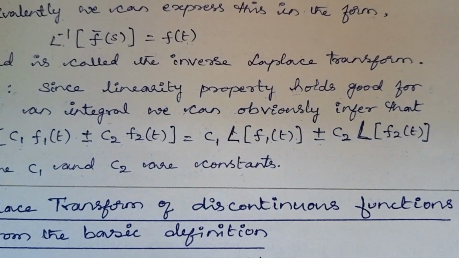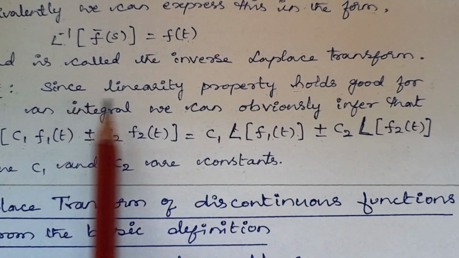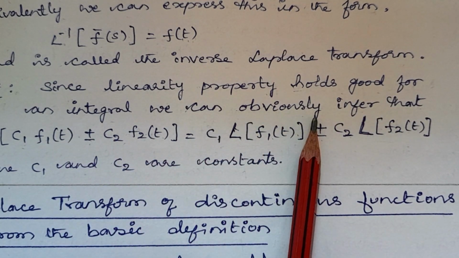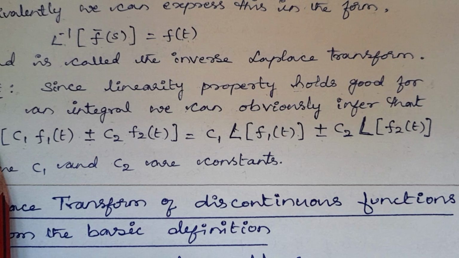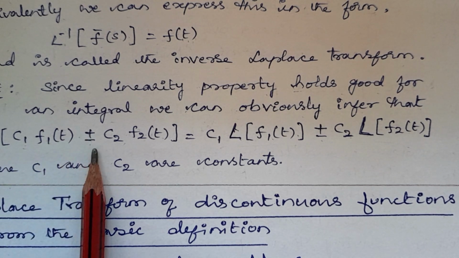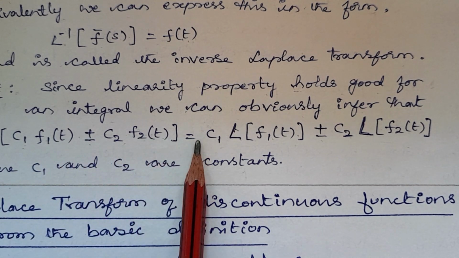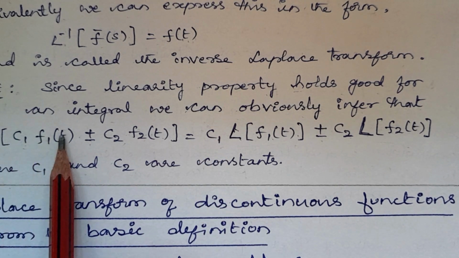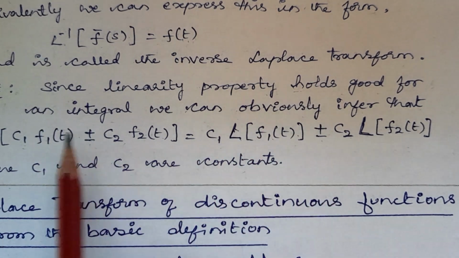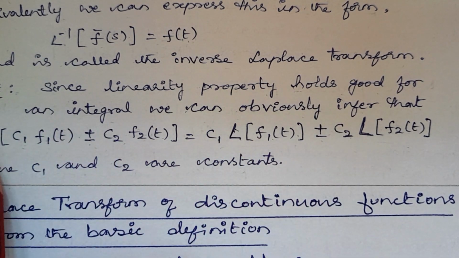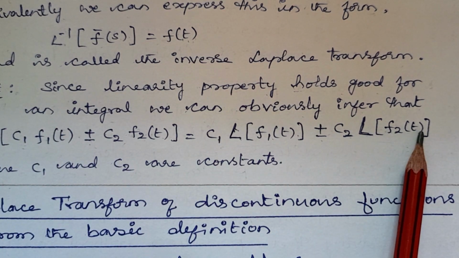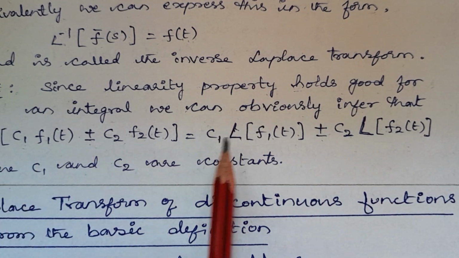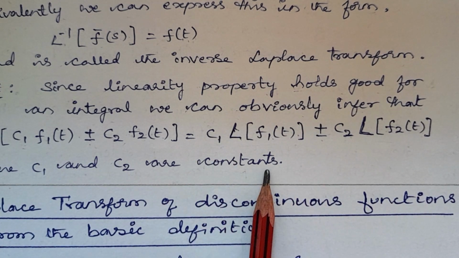Note: since the linearity property holds good for an integral, we can obviously infer that Laplace transform of c1 f1 of t plus or minus c2 f2 of t equal to c1 times L of f1 of t plus or minus c2 times L of f2 of t. Okay, this is the linearity property where c1 and c2 are constants.